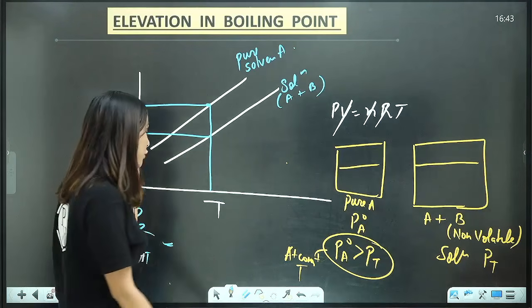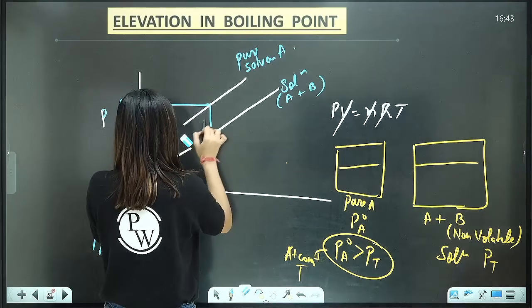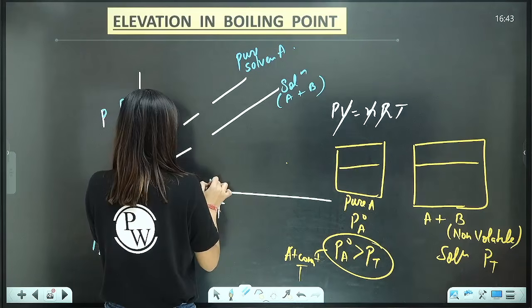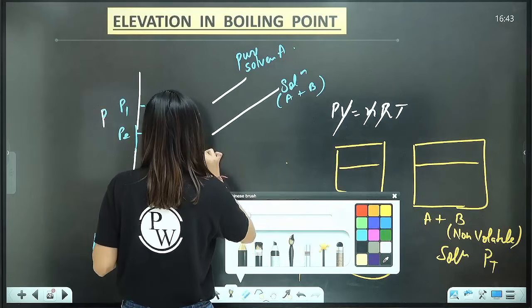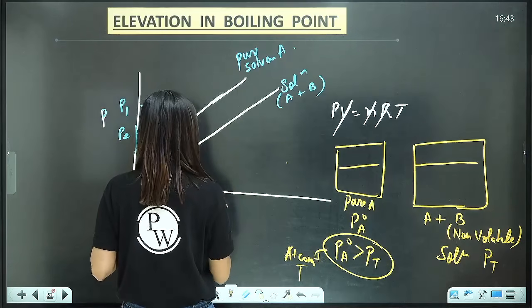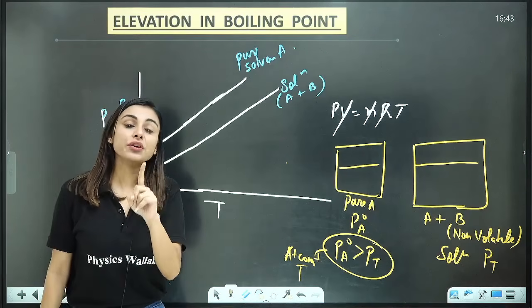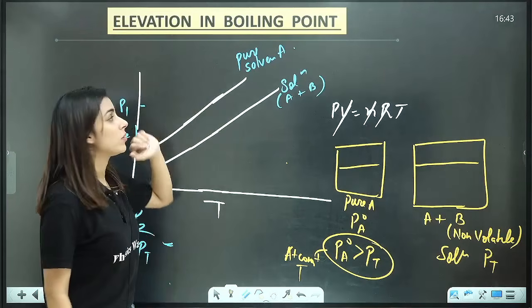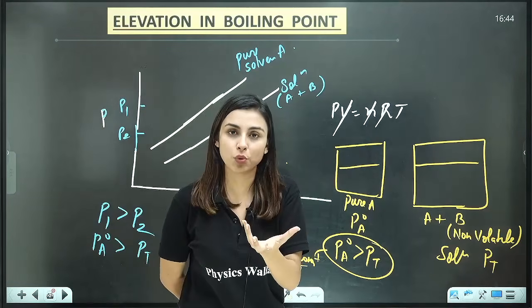If you did understand this, now we are going to talk about the boiling point. Just let me draw it and then we'll talk about it. Perfect. Now, my dear students, because we are talking about the elevation of boiling point, first you have to understand what boiling point is.